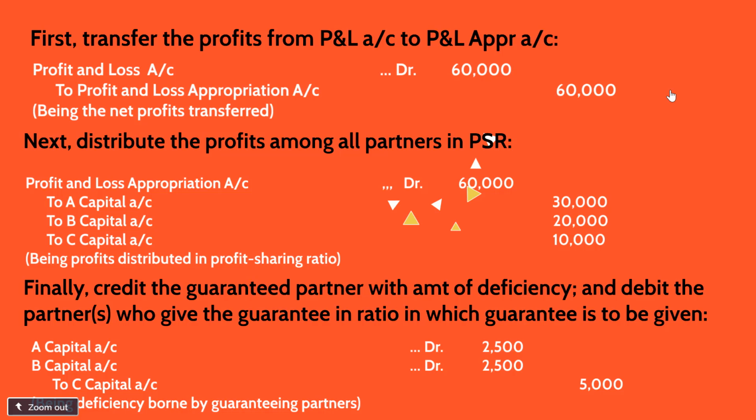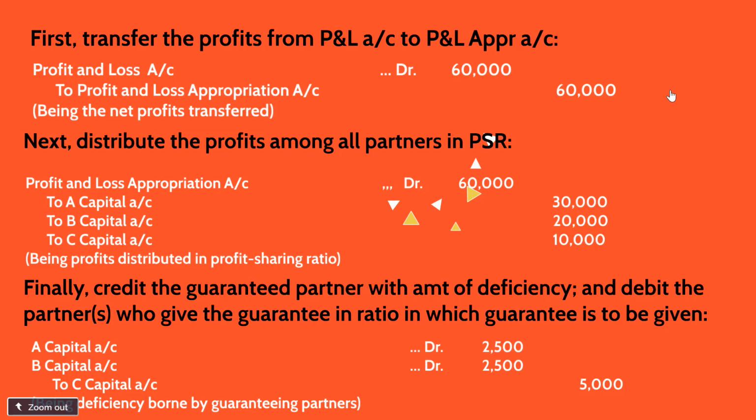The next journal entry is to distribute the profits from the profit and loss appropriation account to all the partners in their profit sharing ratio. The profits are rupees 60,000. The profit sharing ratio between A, B and C is 3:2:1.